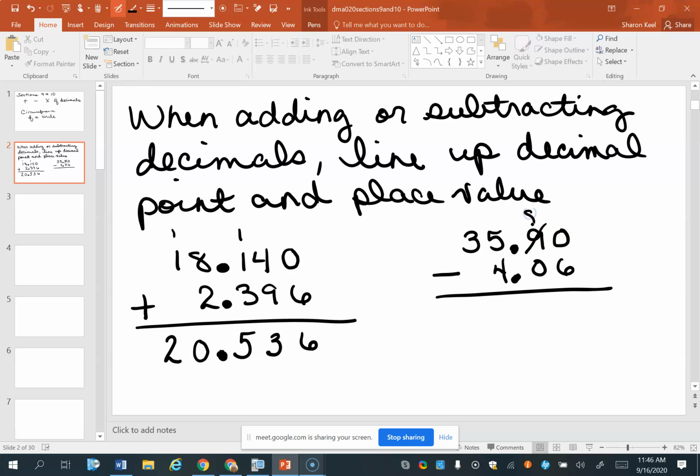My 9 becomes an 8, and that 0 is going to become a 10. I can now subtract 6 from 10, which would leave me with 4. 0 from 8 is 8. 4 from 5 would leave me with 1. Nothing from 3 is 3. So I end up with 31 and 84 hundredths.